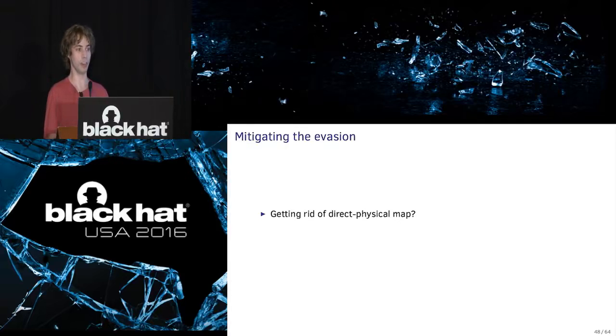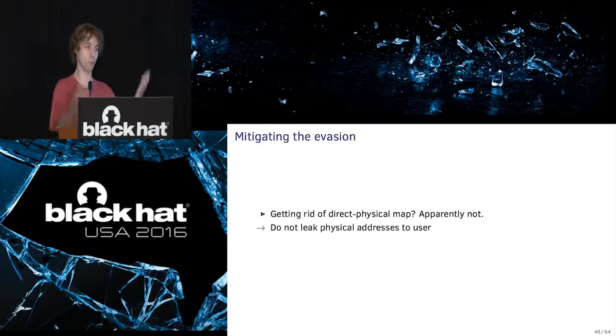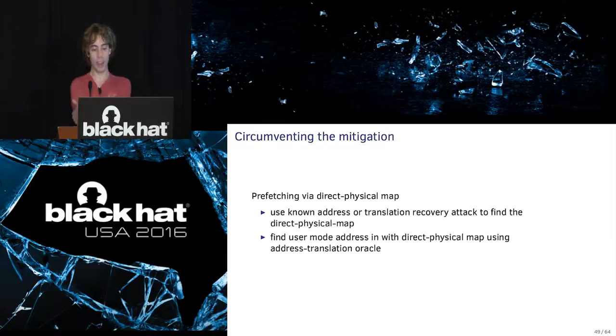That might be a solution, right? Apparently not. It's too complicated. Instead, we decided we do not leak physical addresses to the user. So you cannot access the physical address map anymore, and this is the solution. Perfect, problem solved.